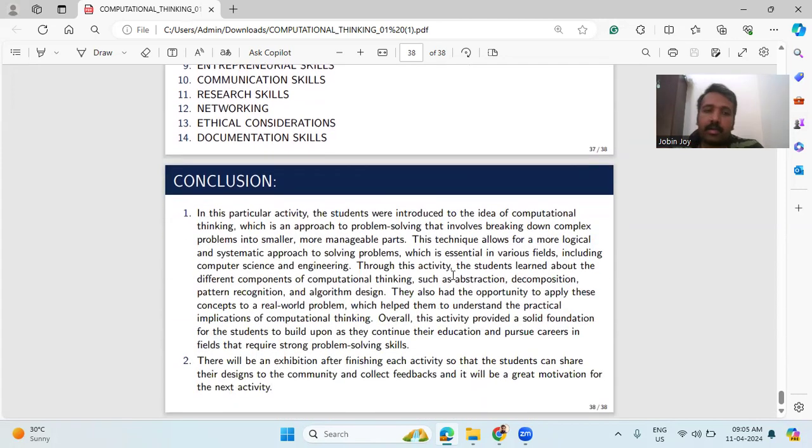So I'm concluding. In this particular activity, the students were introduced to the idea of computational thinking, which is an approach to problem solving that involves breaking down complex problems into smaller, more manageable parts. You are breaking down the problem into smaller sections. A complex problem is difficult to manage, but you are slicing the problem.